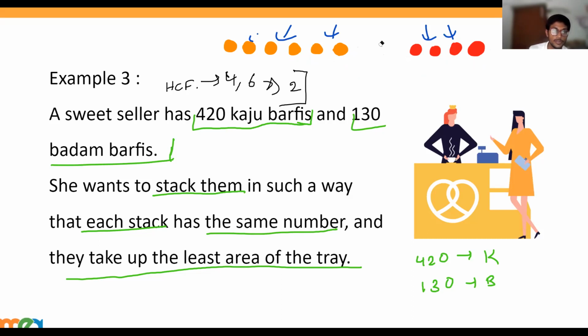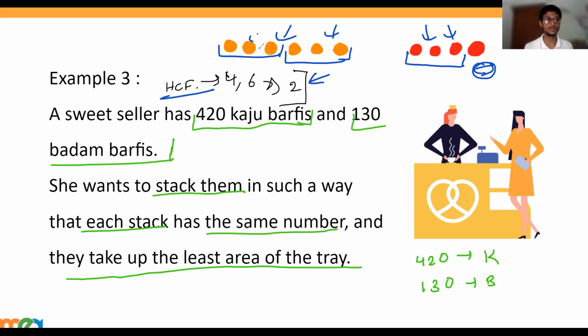Here, this will be stack 1, stack 2, stack 3, then you will need another place for this one. So we'll find the HCF of these 2 quantities and then divide them into stacks having that number of fruits in them. Through this we'll solve the example.